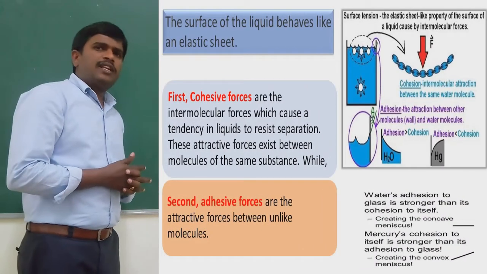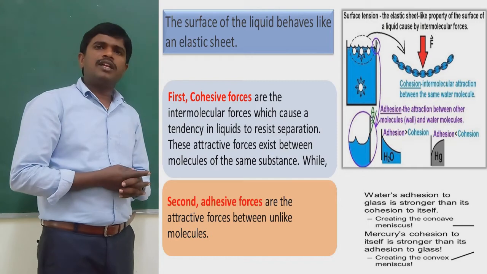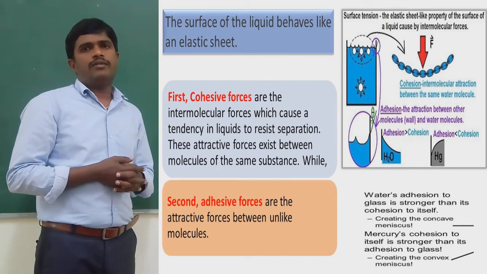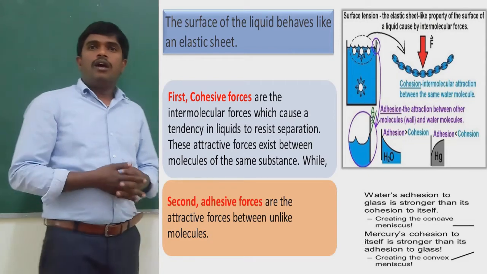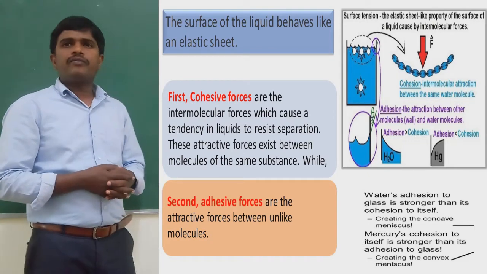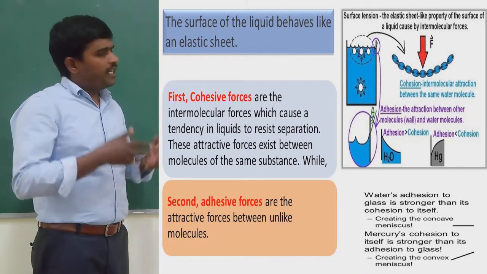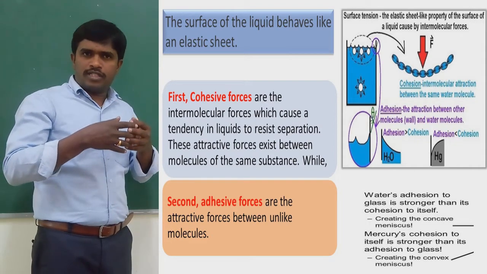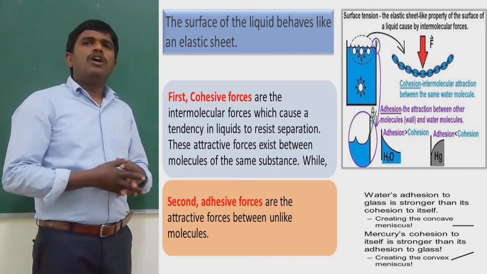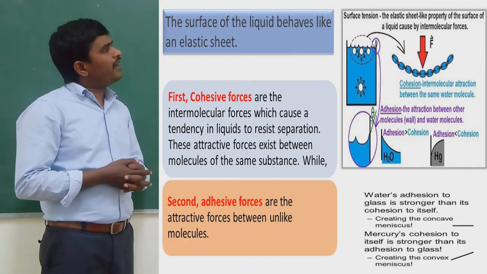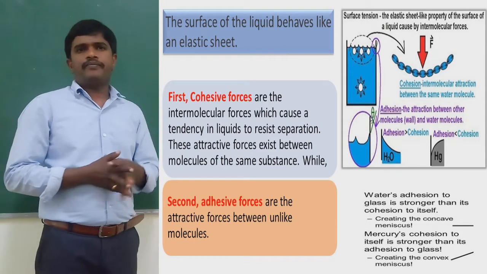The surface of the liquid behaves like an elastic sheet. The elastic sheet-like property of the surface of liquid is caused by intermolecular forces. Furthermore, there are two important terms which are related to the forces.